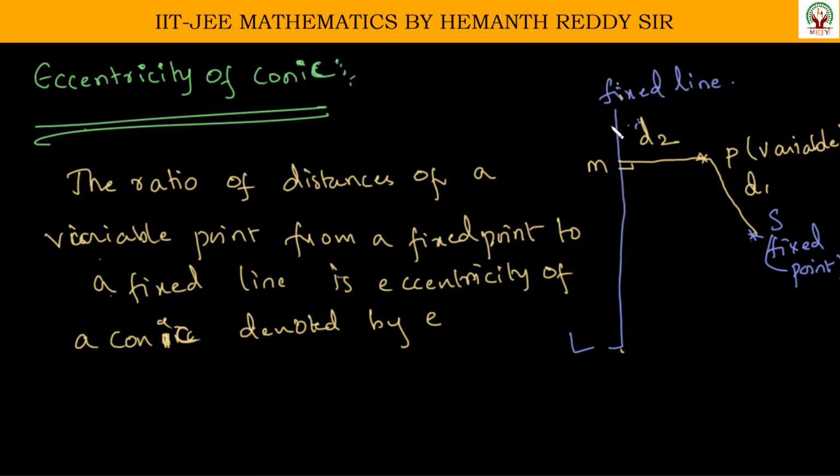It means that here e will be PS by PM, which is D1 by D2 in this case. So this will be called eccentricity. First comes the point, then comes the line, right?